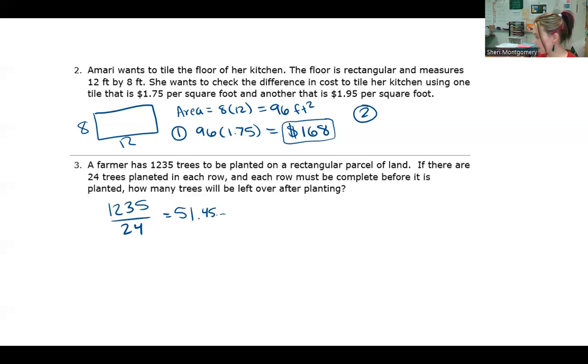So if I do that, I need to find out how many trees that's going to make. So I have 24 trees times 51 rows. What does that give me? 1,224. Okay, well, that's how many I can plant out of the 1235.